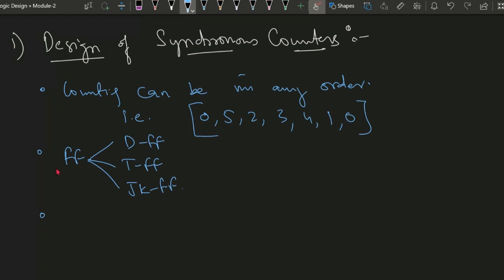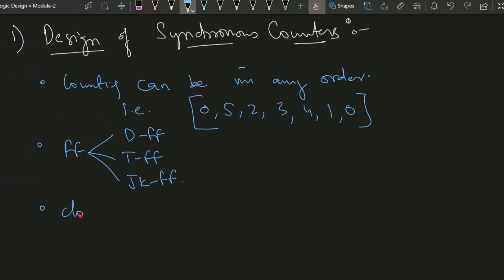So this is the condition: counting can be in any order, any flip-flop we can use, and the clock is common for all flip-flops in case of the synchronous counters.